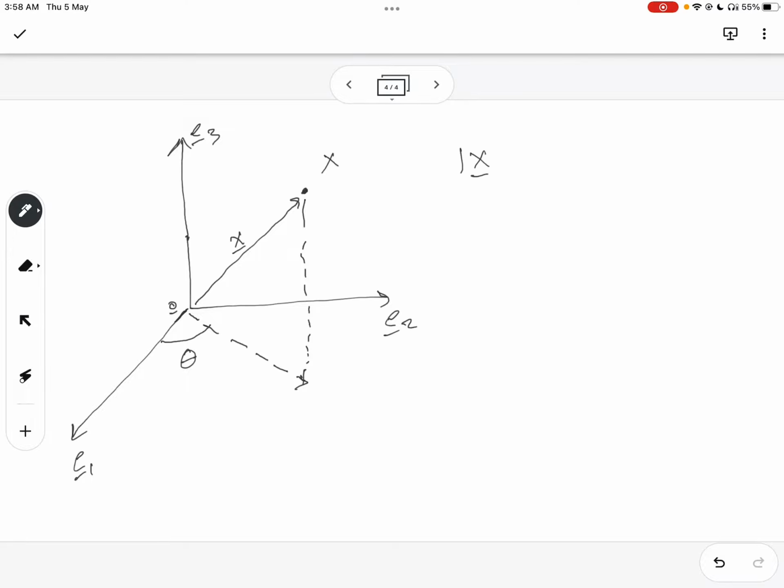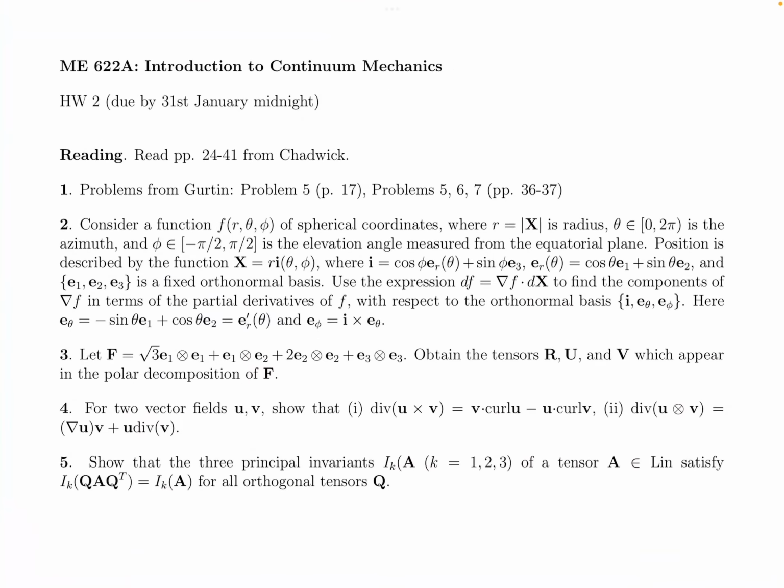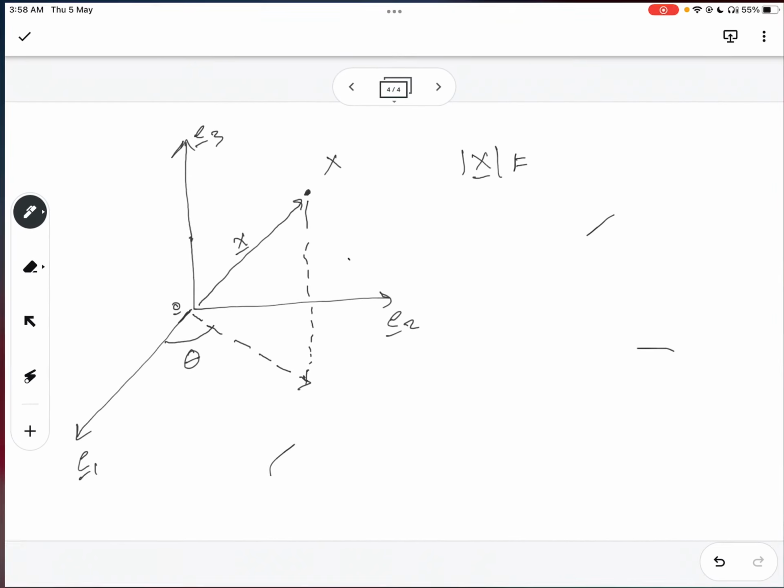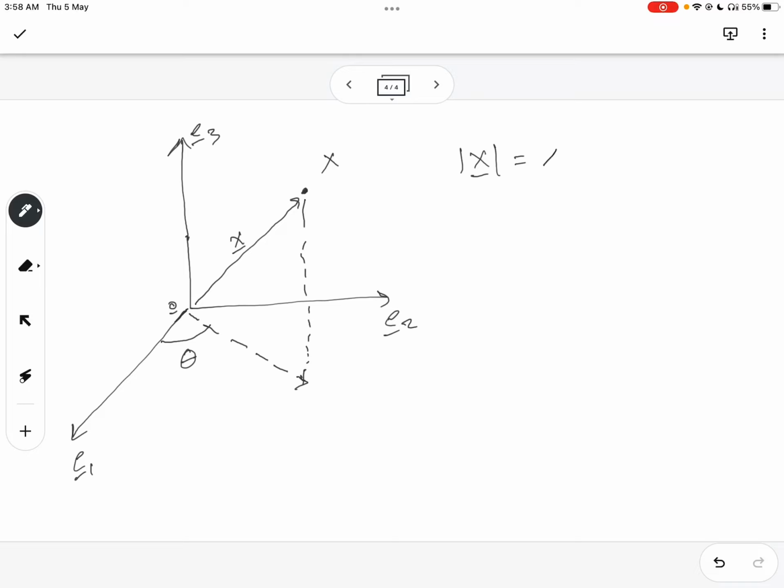Mod of x is equal to, this is small r, and the angle which this vector makes with the equatorial plane, which is the E1, E2 plane, is phi.